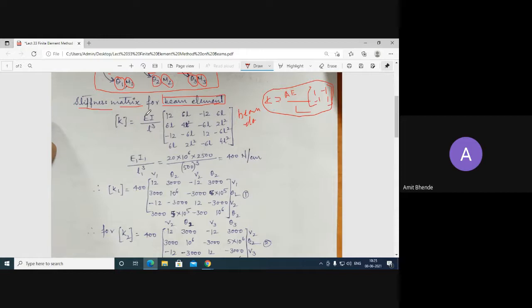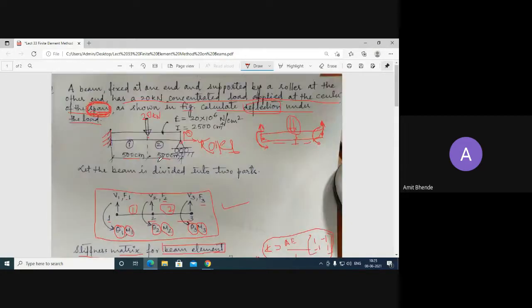So we find out the value of this factor E1 I1 upon L cube. So E1 is given. Here you can see that the Young's modulus is given as 20 into 10 to the power 6 Newton per centimeter square. Then the moment of inertia is given as 2500 centimeter to the power 4.